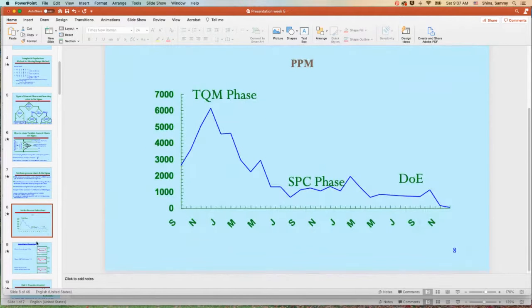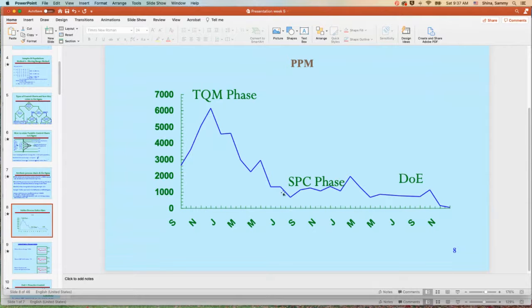Okay, one last thing to talk about is, again, to reemphasize, control charts, what I call statistical process control, SPC. Control charts do not improve quality. Control charts maintain quality.